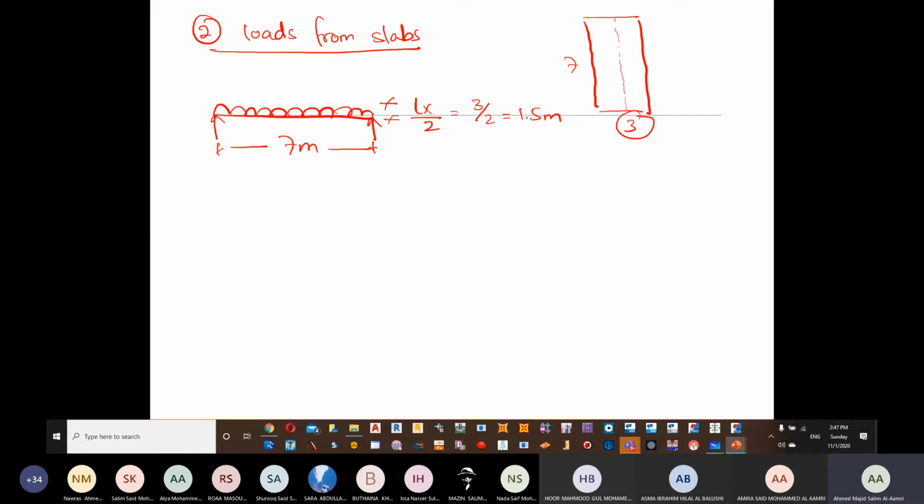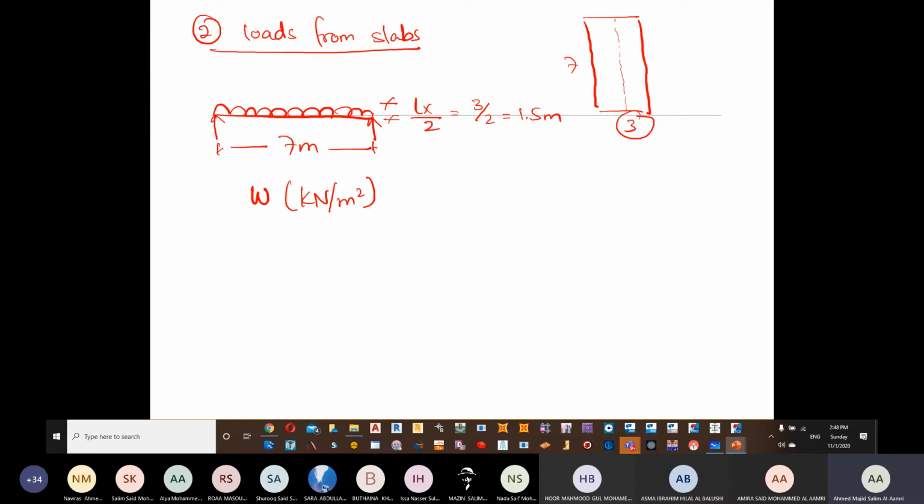Meter is a unit of length only. So this particular length, we need to multiply it by something to get the value. If you remember, in your slabs, you calculated the value of W, and this W was kilonewton per meter square.